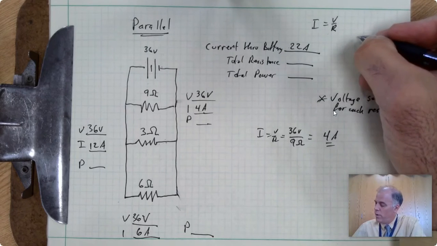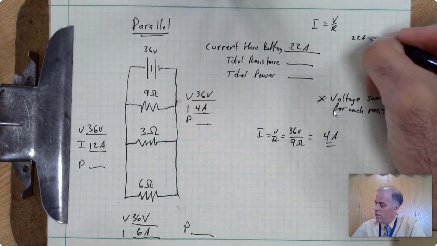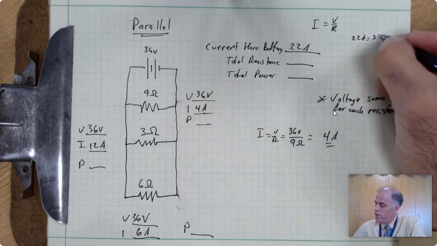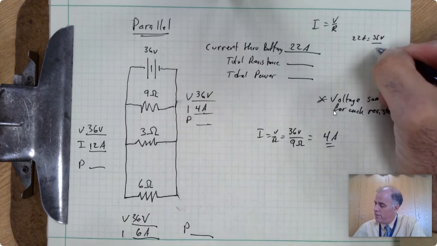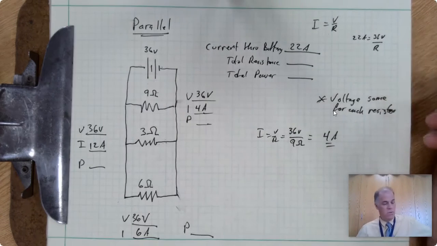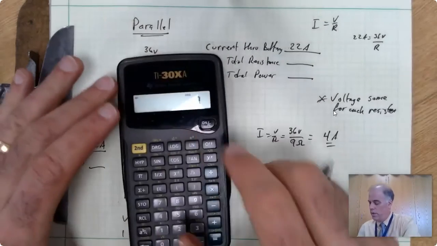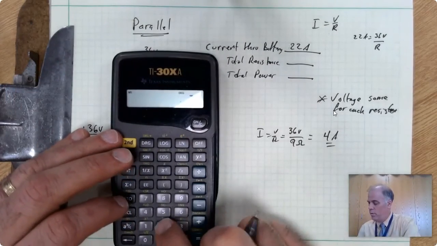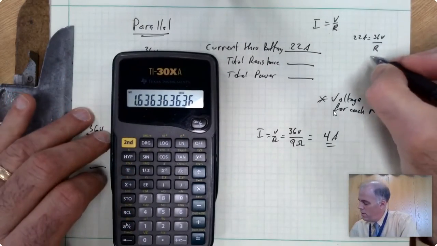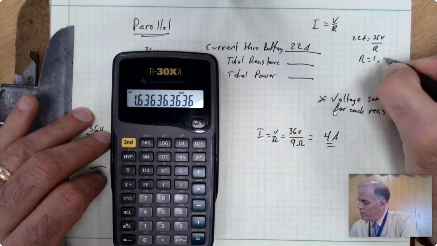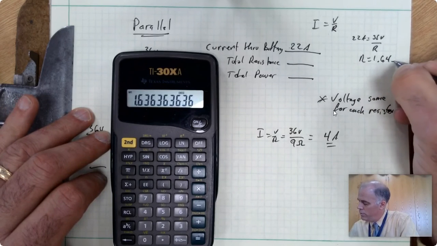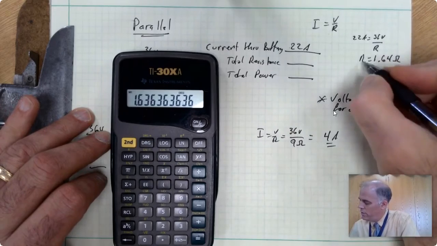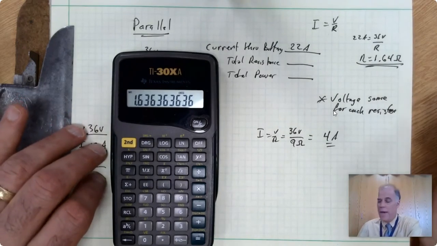In this case, this is going to be 22 amps is equal to 36 volts divided by the total resistance. And that's going to be 36 divided by 22 comes out to be R equals 1.64 ohms is the equivalent resistance that the battery encounters.